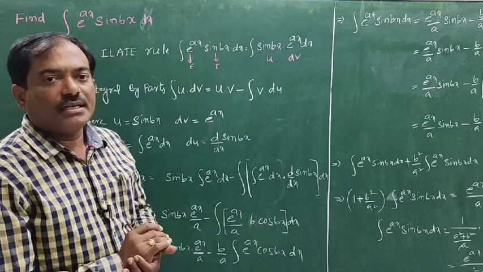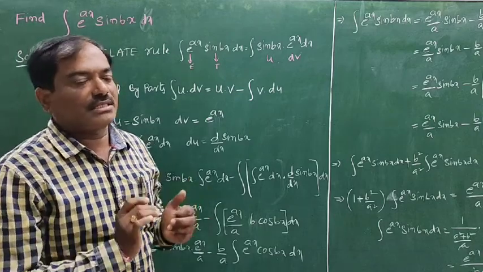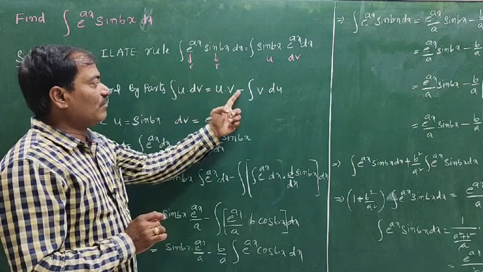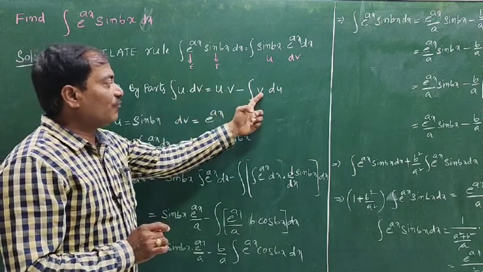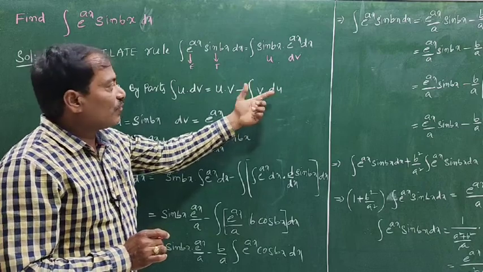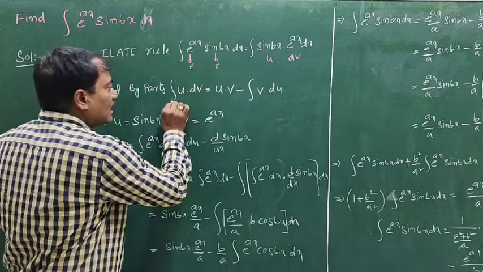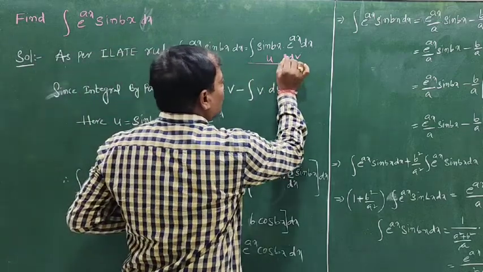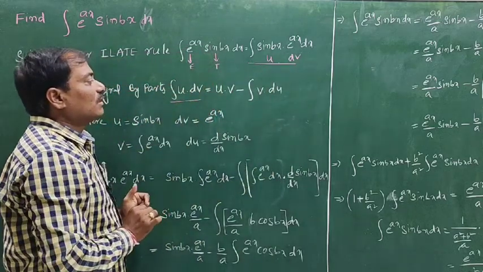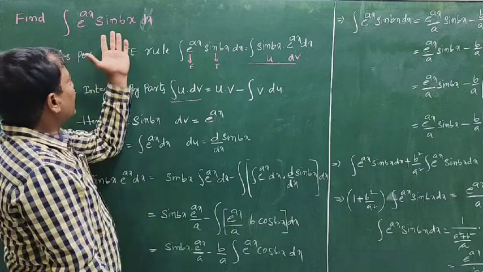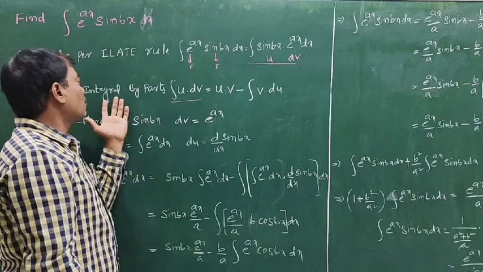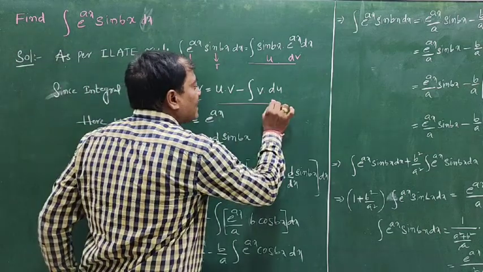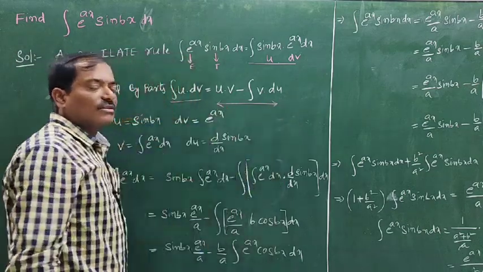So by integration by parts, integral u dv equals u into v minus integral v du. Now we compare this integral with u dv. In order to find this integral value, we use integration by parts, so we have to find the right hand side values.